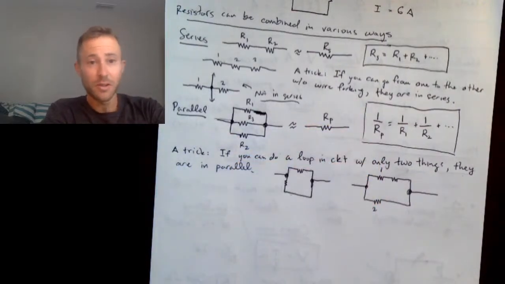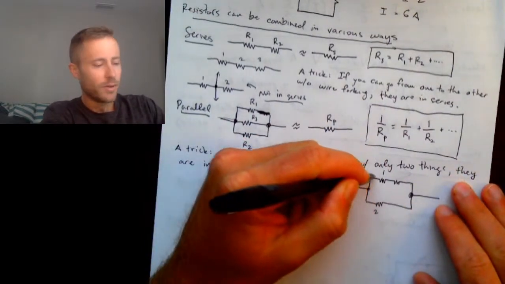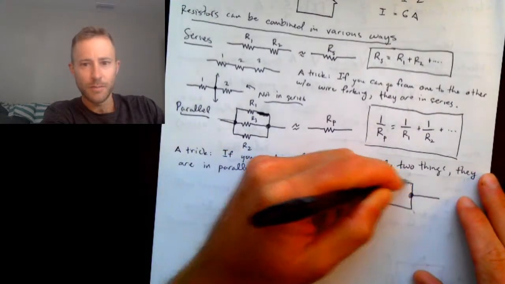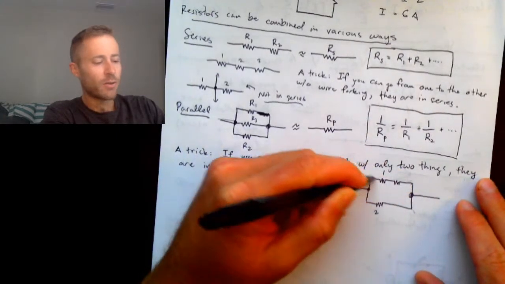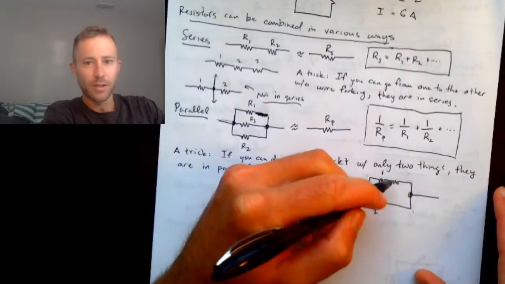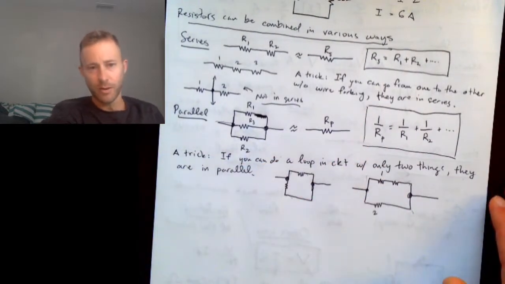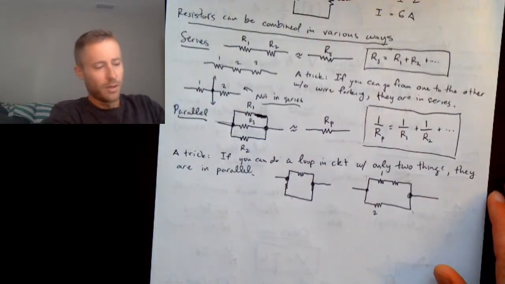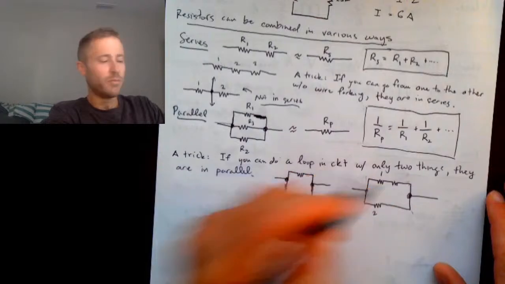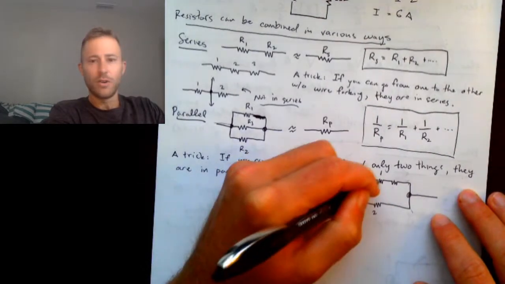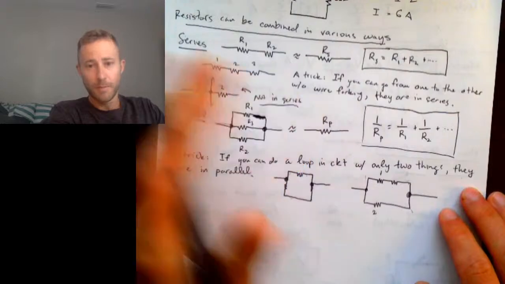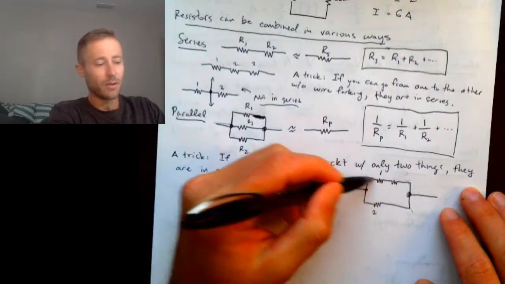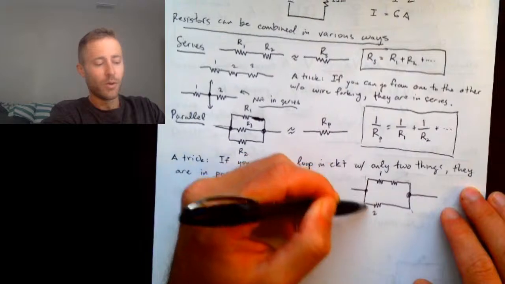It looks like they're parallel to each other, but they're actually not in parallel. Okay, and the reason is, if I wanted to walk around this loop here, see how I can't walk around that loop without encountering this resistor as well. So the presence of this resistor means that these two are not in parallel, because I can't go around this loop with only those two resistors in the loop.